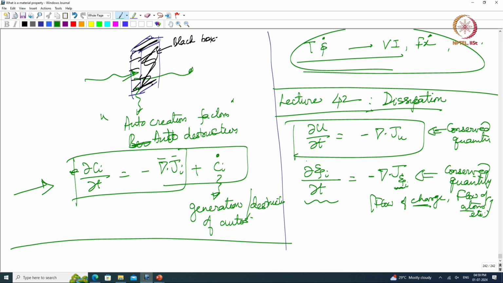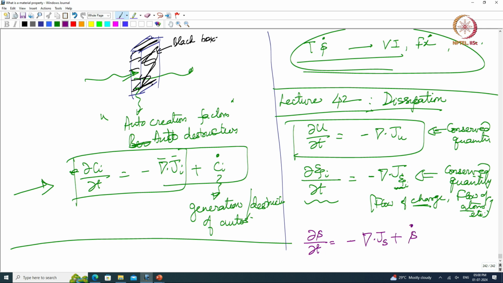Okay. However, if I look at dou s by dou t, this is not conserved, so I am going to write it in a different color. Minus del dot j s plus s dot.